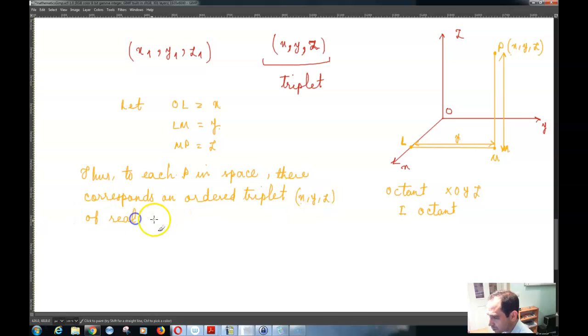So that's a triplet of real numbers. So that's the first part.